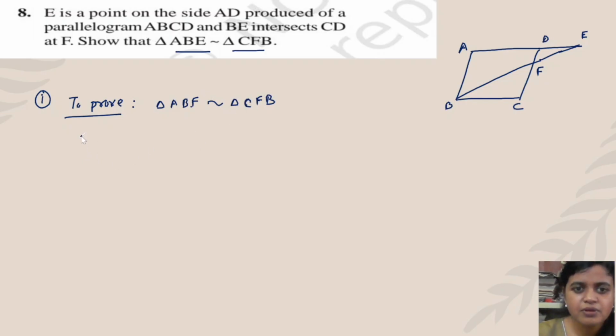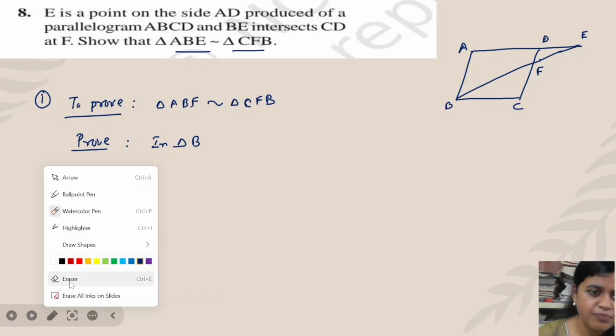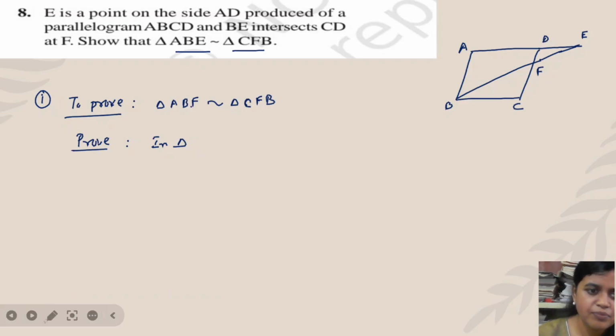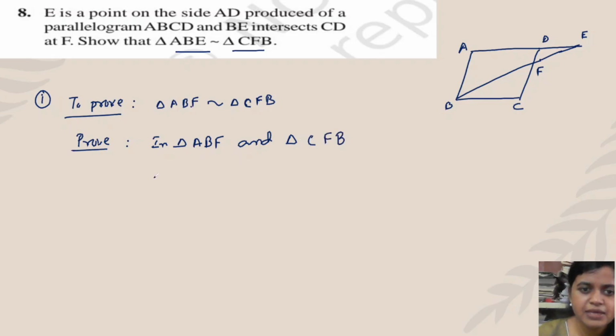So proof. In triangle ABF and triangle CFB, first condition we can write. We have to prove basically triangle ABF, this triangle, and CFB, this triangle.